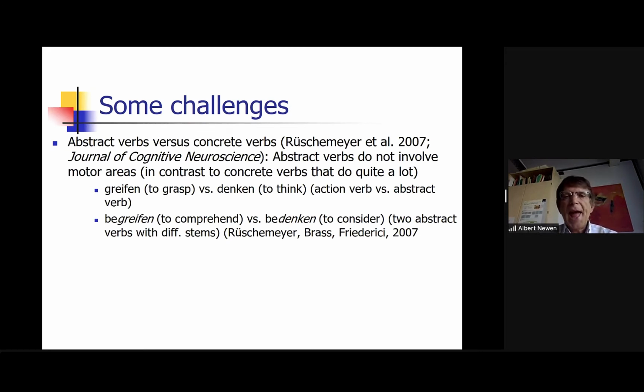And they could show that for the abstract verb to comprehend, just change greifen to begreifen, the same word source, there was an interesting modification: you observe the standard activation of the motor areas for the word greifen, to grasp, but there is no significant motor area activation in looking at the word to comprehend, begreifen.